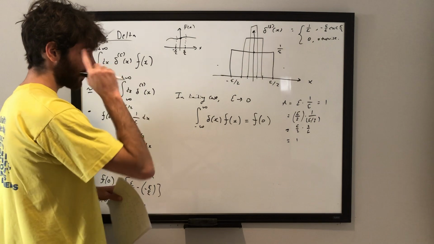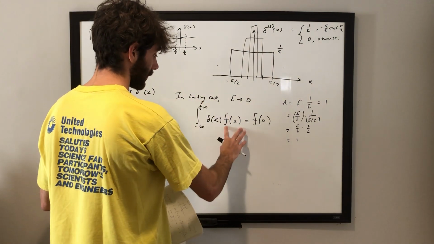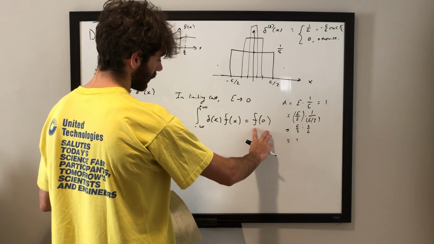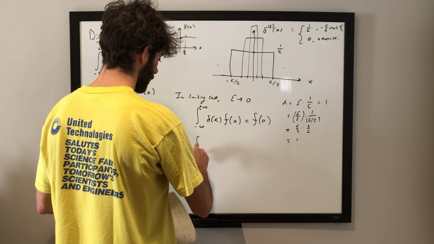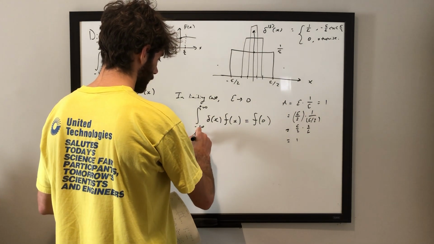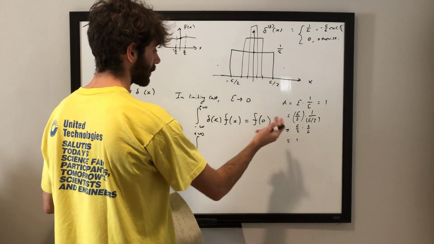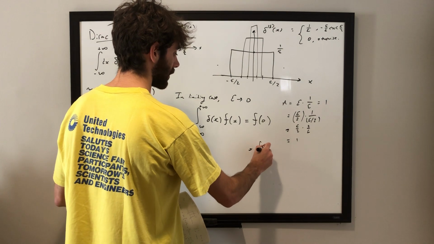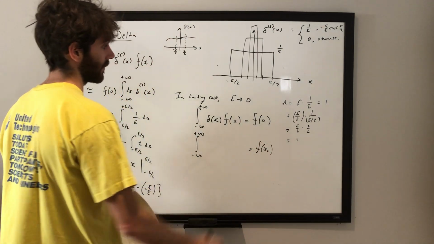So what we've seen is that when we compute this integral of a function times the delta function, we get the value at 0 of the function. But we can generalize this a little bit and, say for example, we wanted the value of the function at some f of x naught, or maybe x naught's over here.